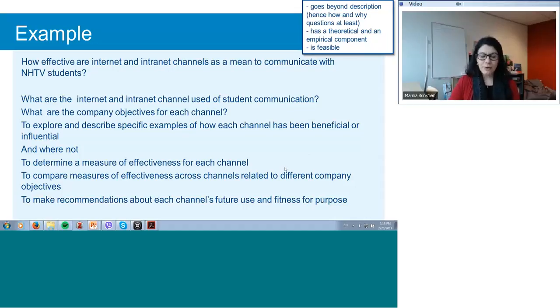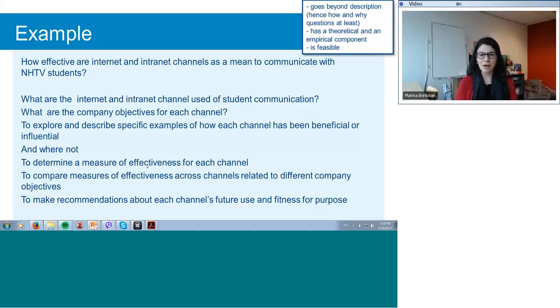if I have to determine the measures of effectiveness of each channel, I can formulate a question out of this objective. I can ask what measures there are to measure the effectiveness of a communication channel, and I can basically review articles that have reported on measuring the effectiveness of communication channels.